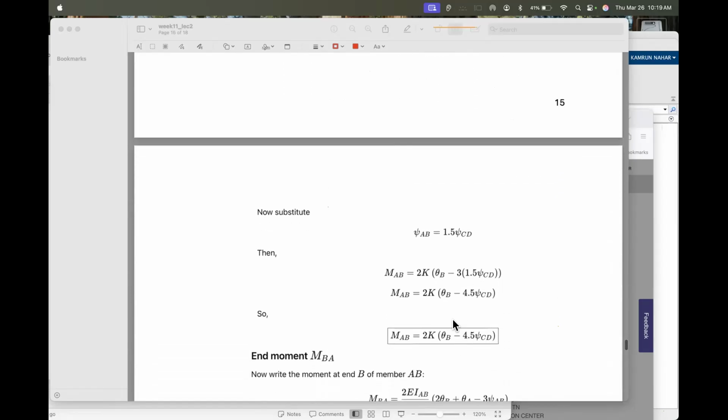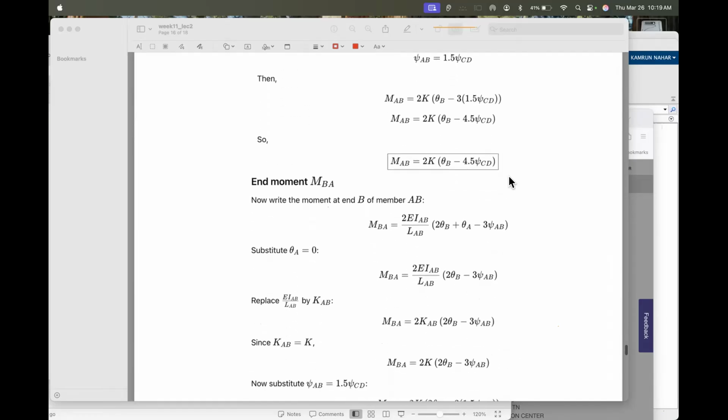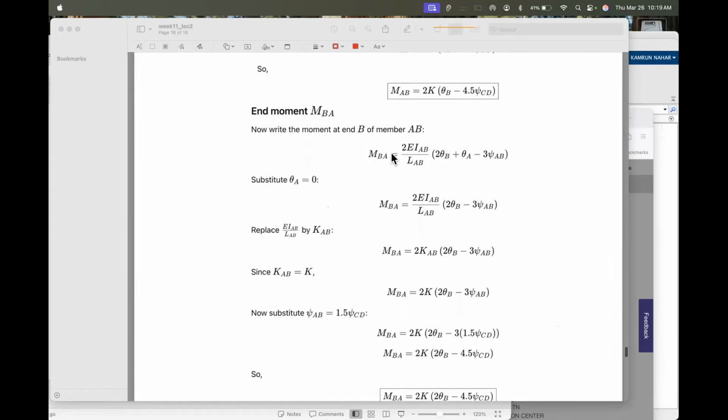Substitute that value and write the equation. You can ask why we did that. The reason is that it will be easier for us to solve the equations when we write another moment equation for the other part.